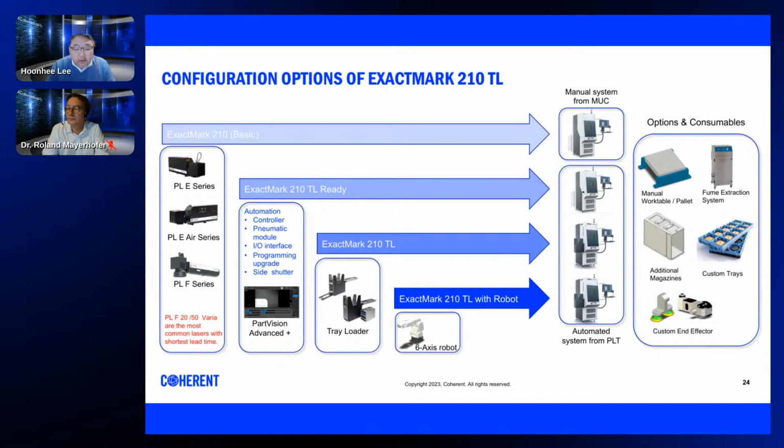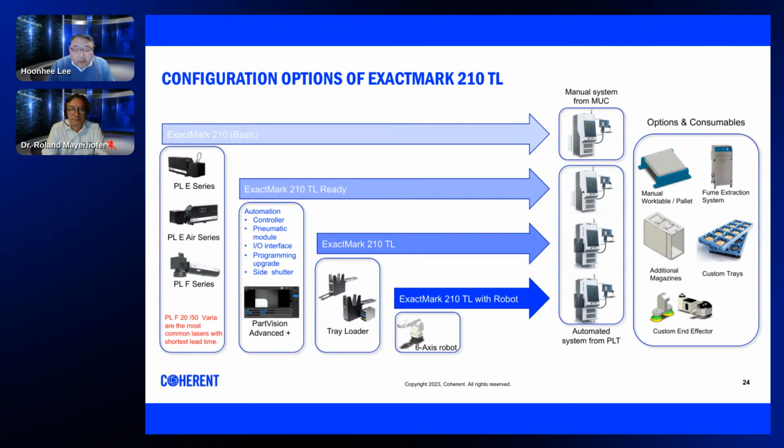This system offers an option to upgrade later on with an automatic loader and/or robot system when production starts to ramp up. Exact Mark 210TL is an automated system with a tray loader and/or 6-axis robot. This option allows the user to select either top marks or top and bottom marks, or even cylindrical workpieces in batch to be marked automatically.